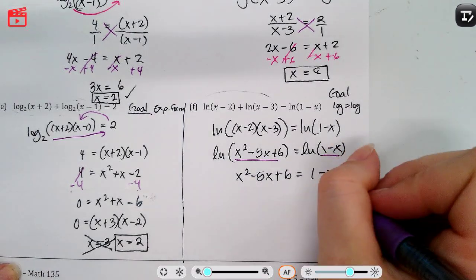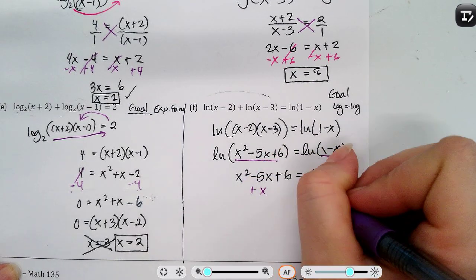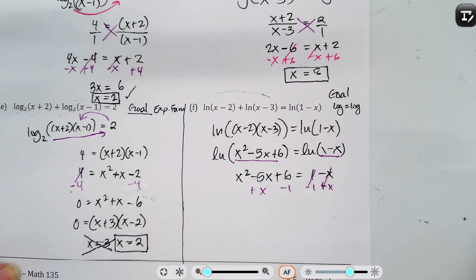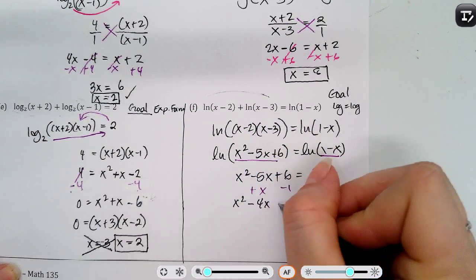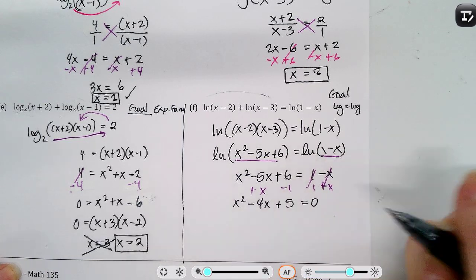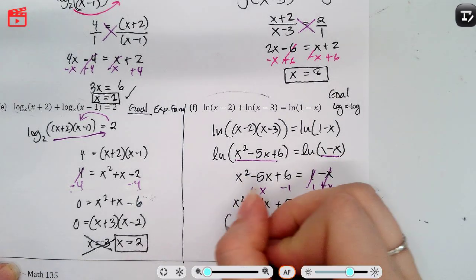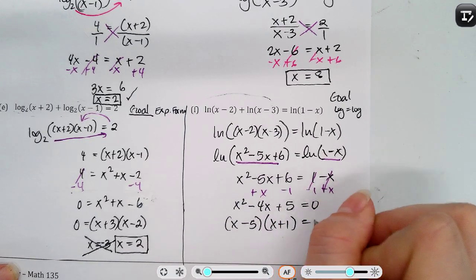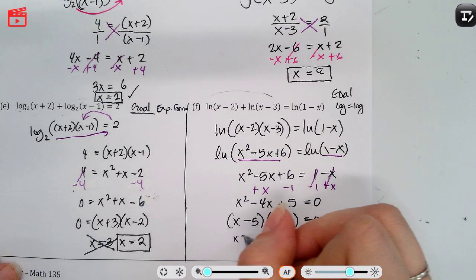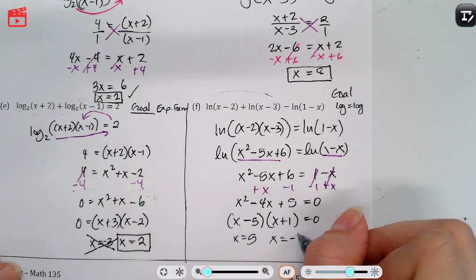Okay, so solving for x. Quadratic, so we're going to go ahead and see if we can factor this baby. Yeah. x minus 5 and x plus 1. So x equals 5 and x equals negative 1.